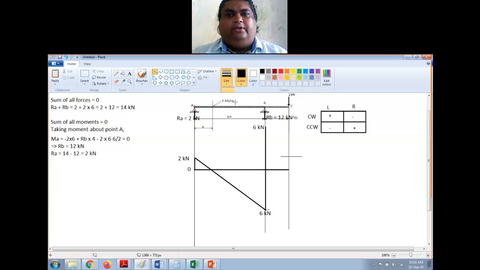So I will now draw an inclined line. Now this is representing the change in the shear force because of UDL. And at C, I have again 2 kilonewton force which is acting downward. So I have to show that, right? So this completes the shear force.